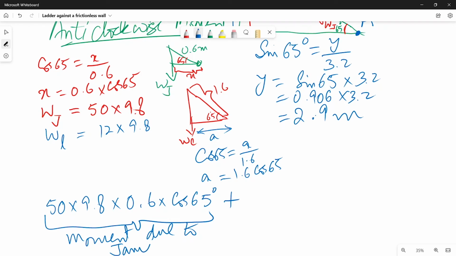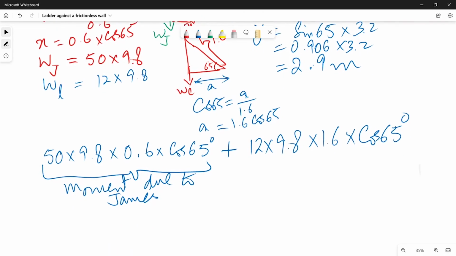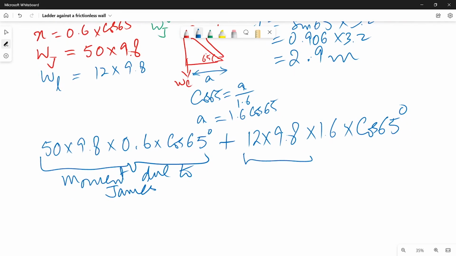And now we have to find the moment due to the ladder's weight. We know the ladder weight we just found, it was 12 times 9.8, and the distance A was 1.6 times cos 65 degrees. So these are the two.